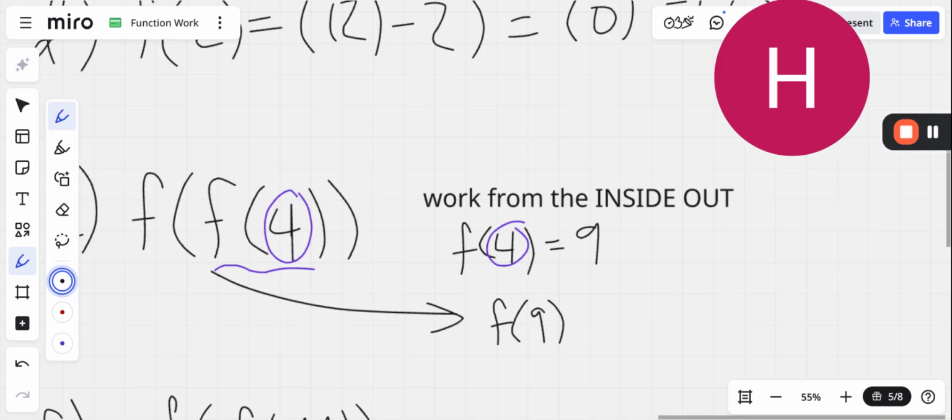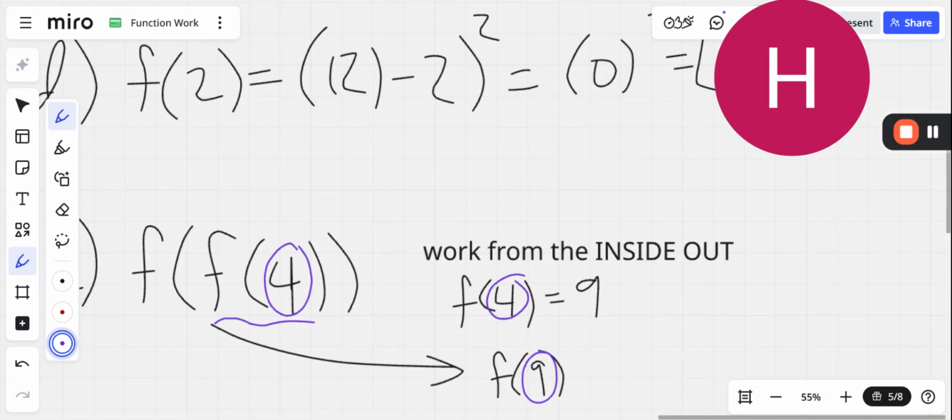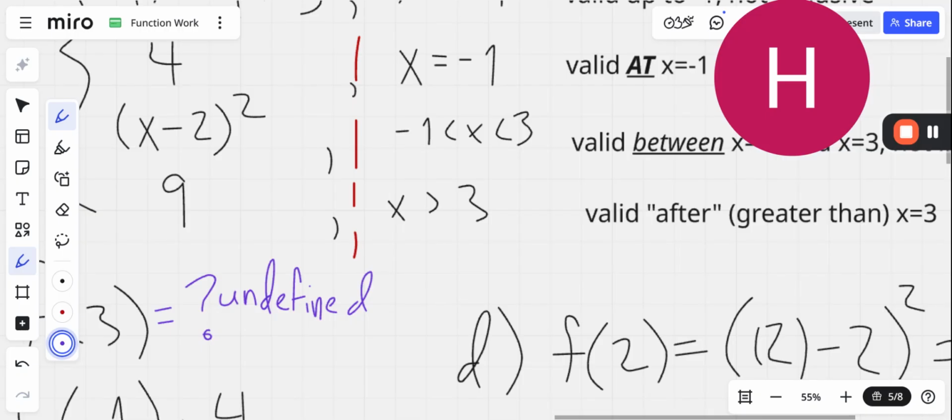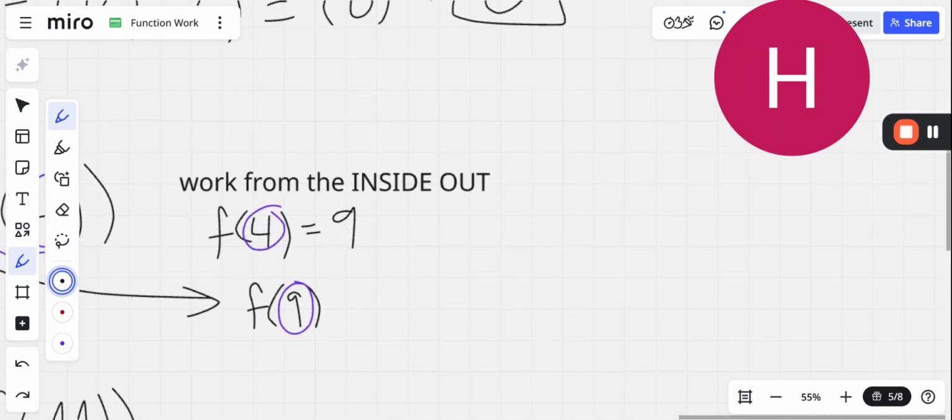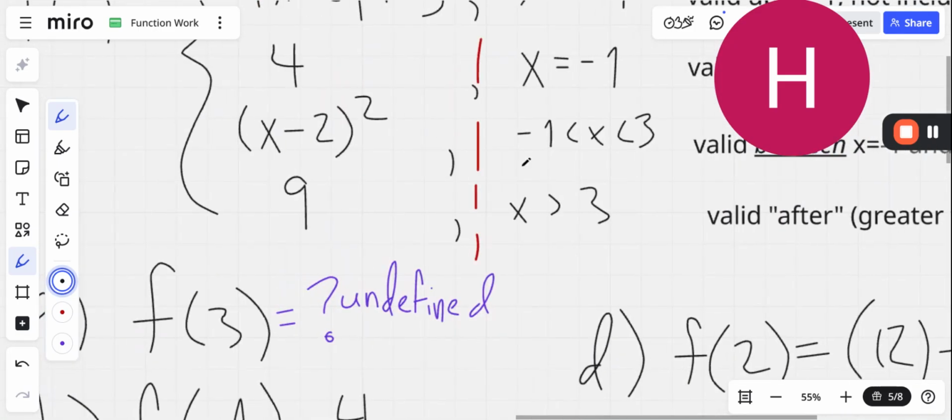And again, since our input value of 9 is greater than 3, we're going to use this piece of the function again. So f of 9 is just 9. Because the x value tells us which piece to use, the fourth piece. And that piece says, no matter what your x is, as long as it's greater than 3, the y value is 9.